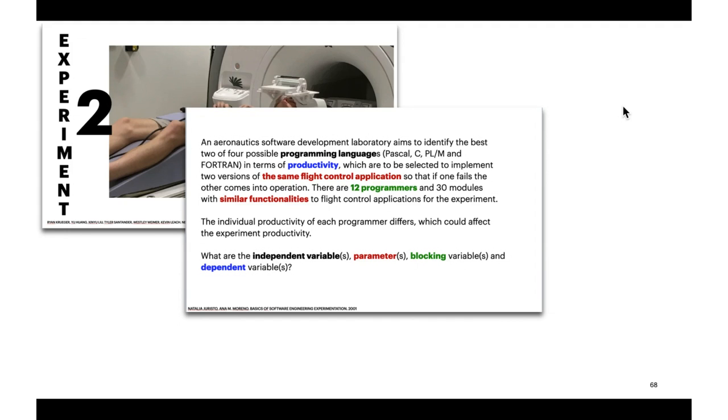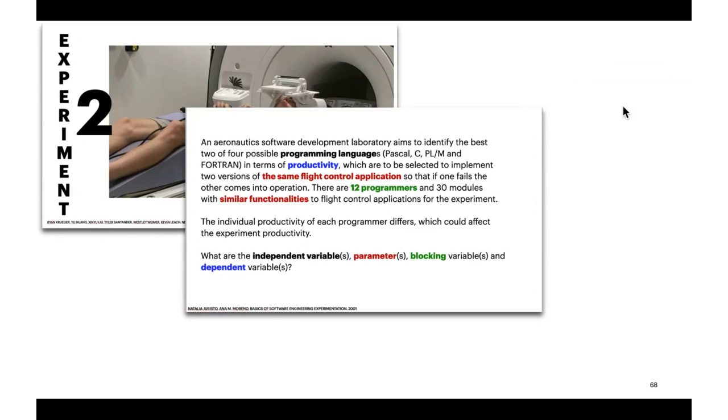The dependent variable is what we want to observe. In this example, it was productivity. In the study of Kruger, those were brain activation areas. In the study of Novielli, it was the percentage of agreements or disagreements. Those are typical dependent variables.